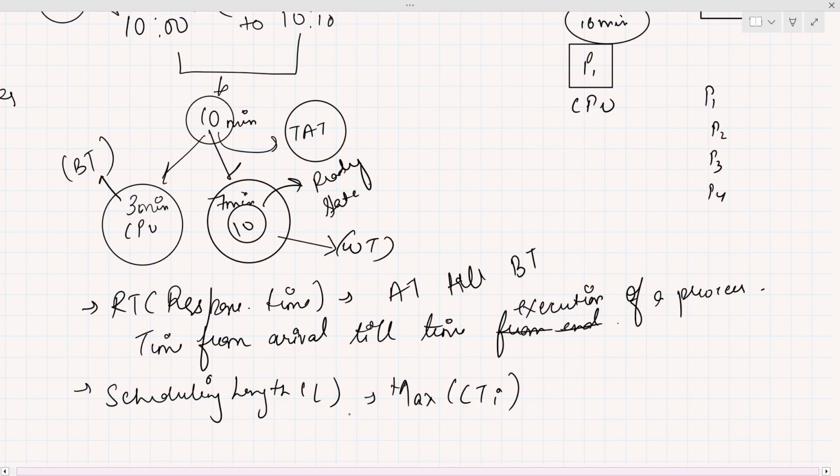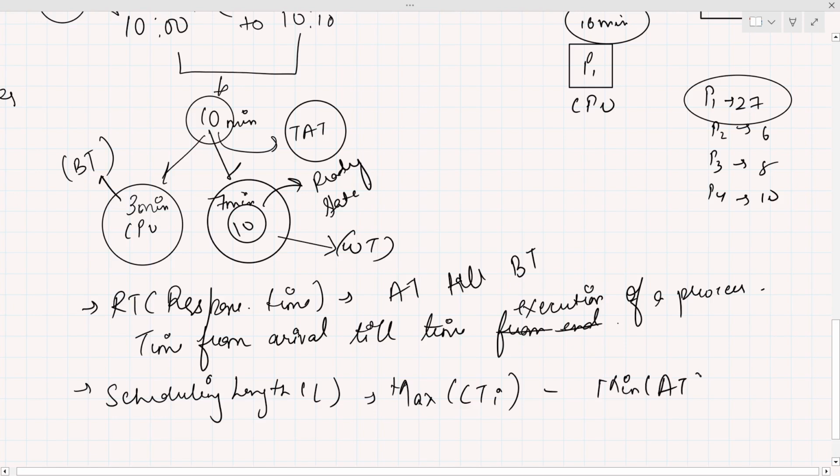We take the process which takes the maximum time to complete. Let's say P1 takes 27, P2 takes 6, P3 takes 5, P4 takes 10. Who takes the maximum time to complete? The P1 process. So the P1 completion time, which is 27, minus the minimum arrival time, is basically the scheduling length.